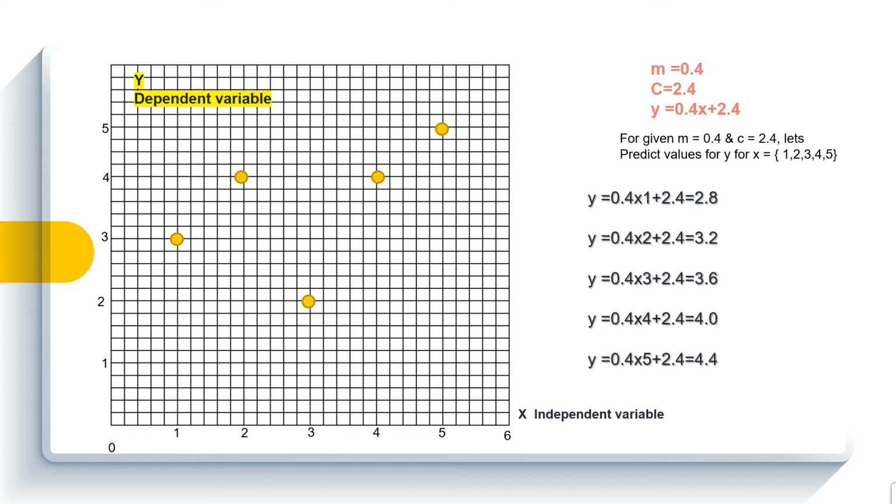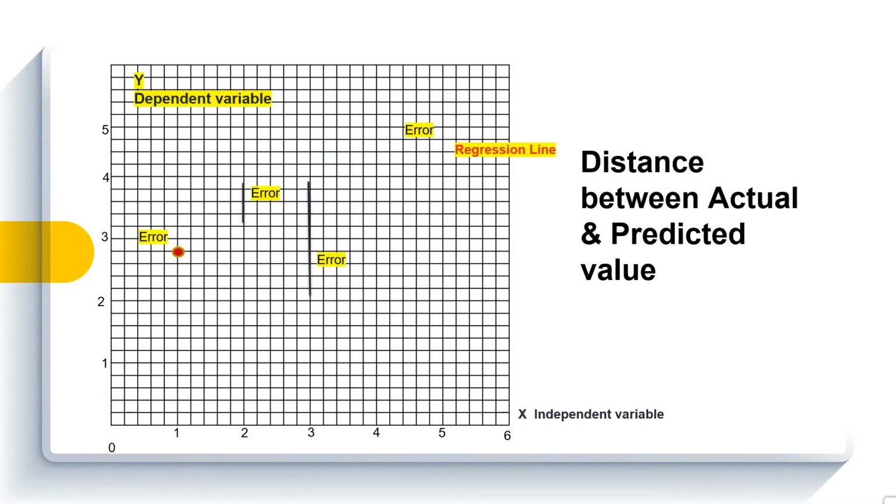Similarly, x equal 3, y will be 3.6, x equal 4, y will be 4.0, x equal 5 and y will be 4.4. So let's plot them on the graph, and the line passing through all these predicted points and cutting the y-axis at 2.4 is the line of regression.